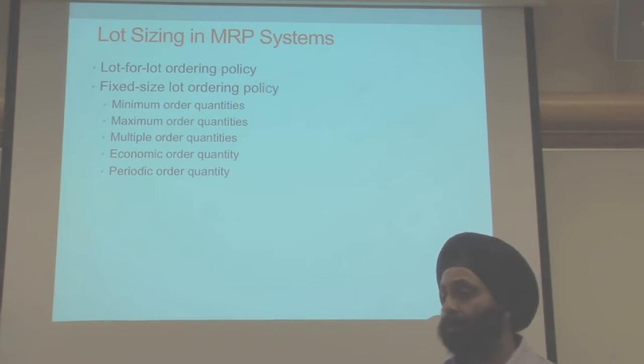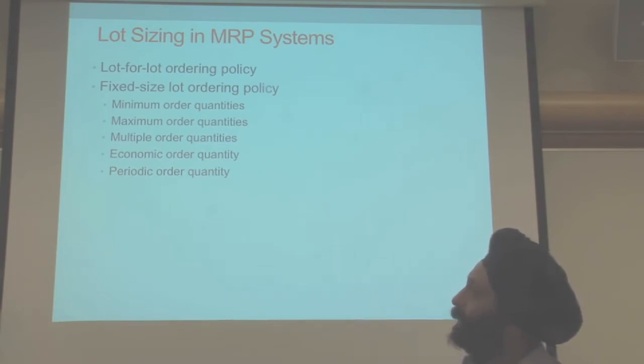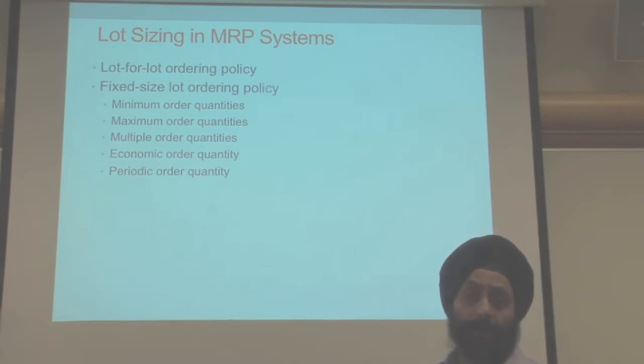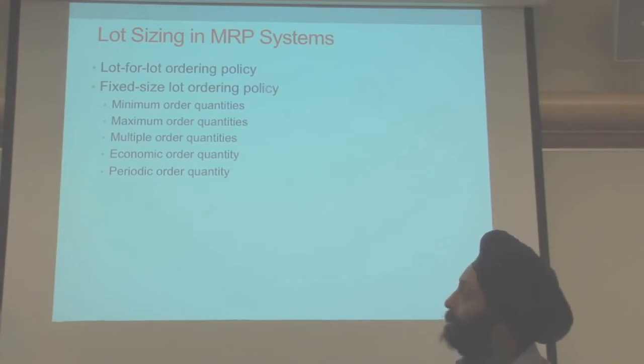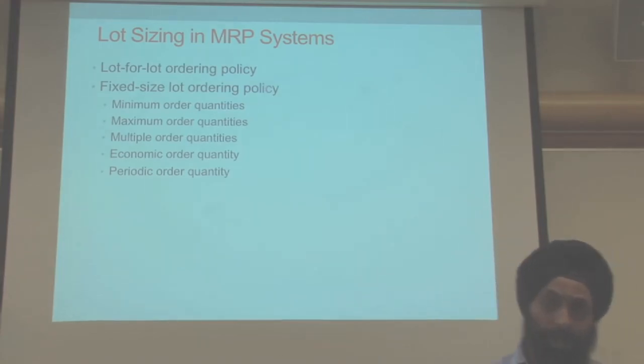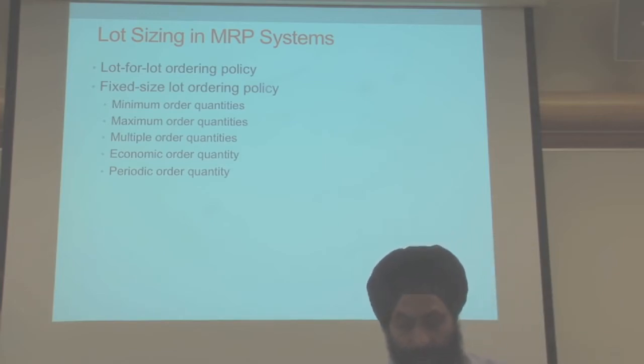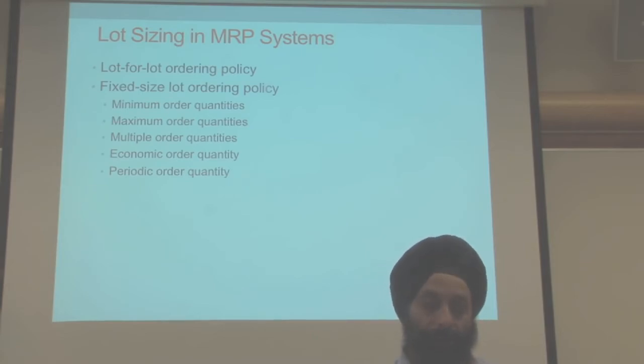If the maximum is only 100 and you need more than 100, you need to split it into 2 periods. Multiple order quantities, multiples of 50, like I showed you for the lap desk example. Economic order quantity can also be used, and periodic order quantity, every 2 weeks, every 3 weeks, whatever can be calculated.